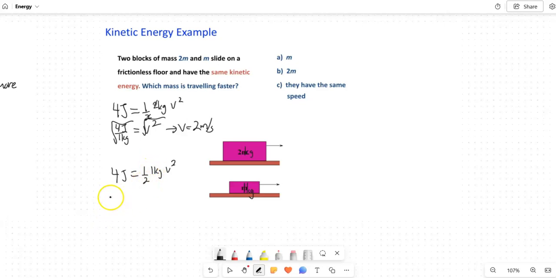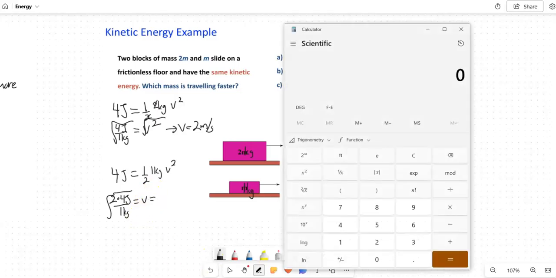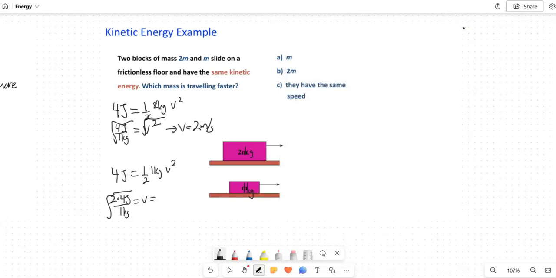Multiply it on the other side, you're going to get 2 times 4 joules over 1 kilogram. We'll square root both sides, and so what you have is 8, which we're going to square root, which is going to be 2.83 meters per second.